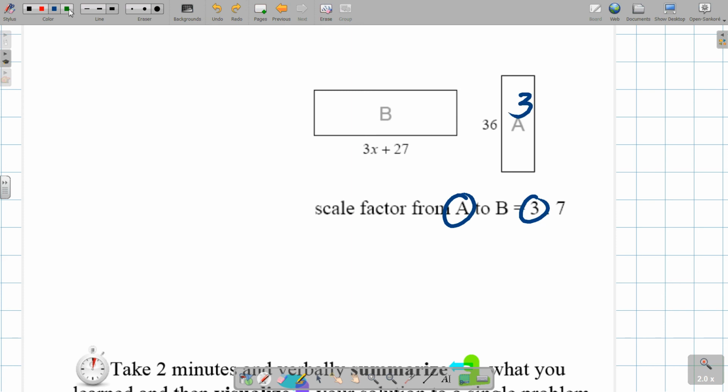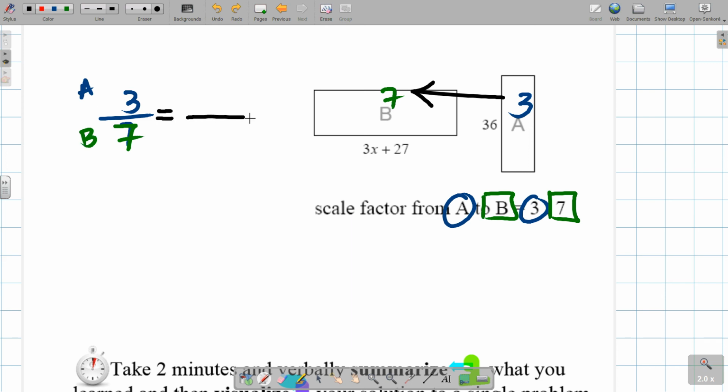3, B, 7. Notice the direction we're going. There's now right to left. So 3 over 7, A to B. This time it's right to left. Equals A, 36 to B, 3x plus 27.